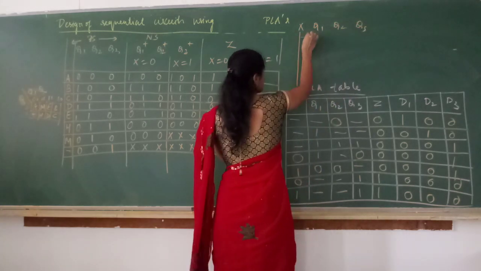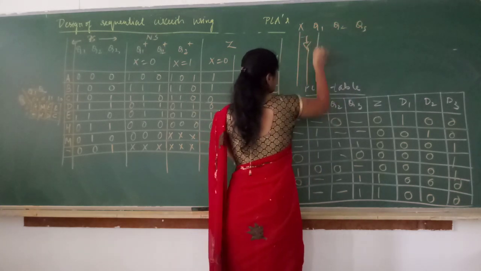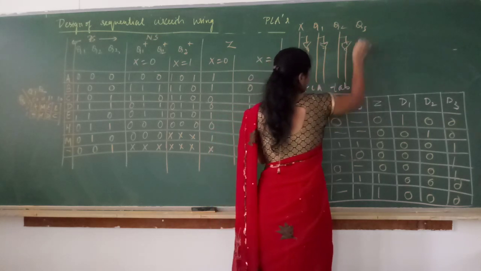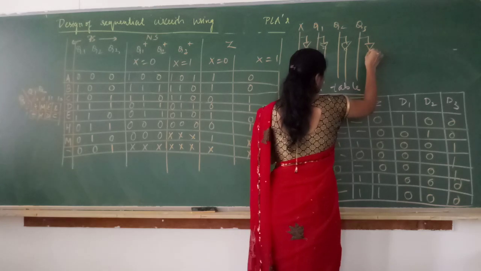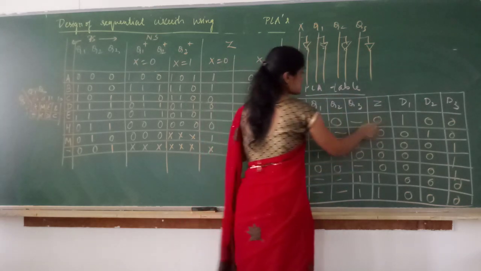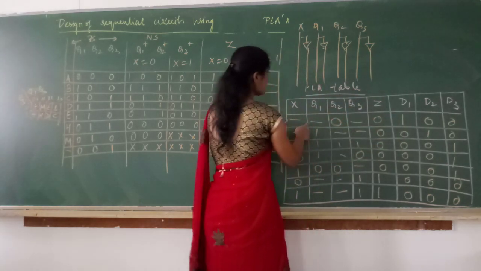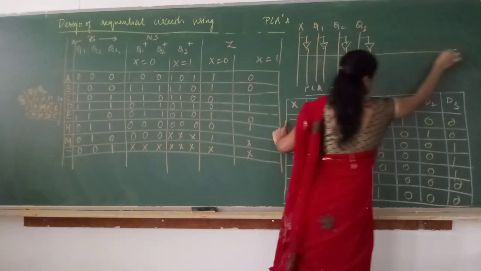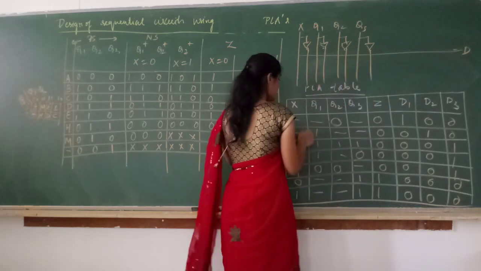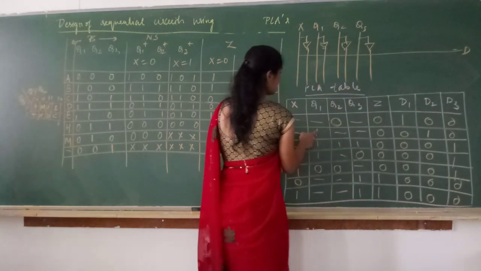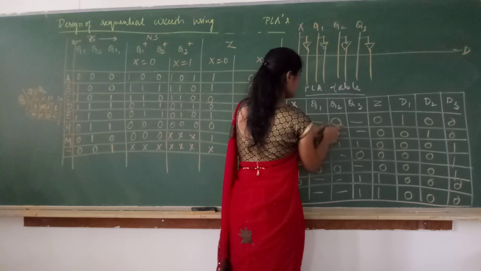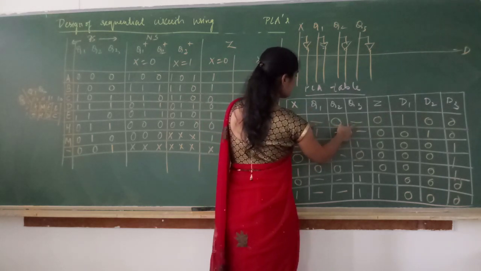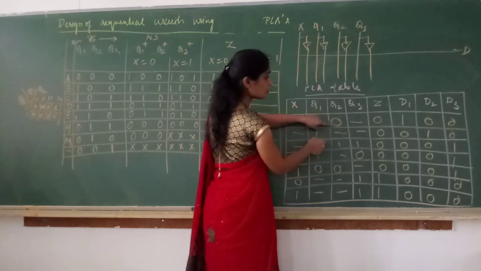We will also have X bar, Q1 bar, Q2 bar and Q3 bar, right. So what is D1? D1 is 1 only when Q2 bar. For D1 only Q2 bar is connected.